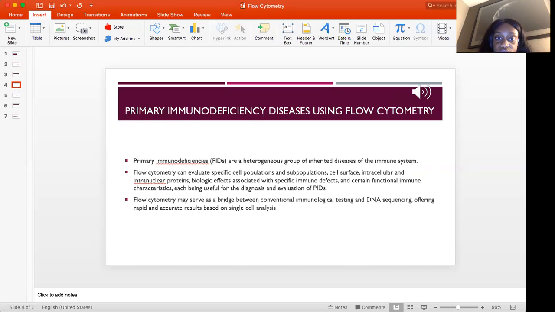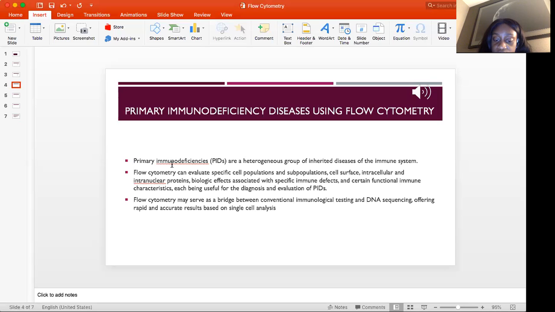There is an article titled Primary Immunodeficiency Diseases Using Flow Cytometry. The researchers wanted to look into whether flow cytometry can be used in primary immunodeficiencies, which are a heterogeneous group of inherited diseases of the immune system.